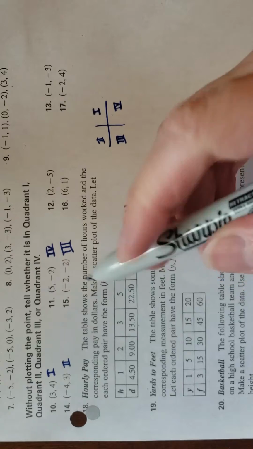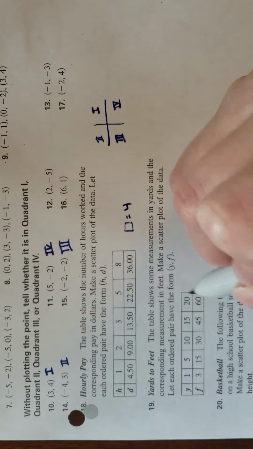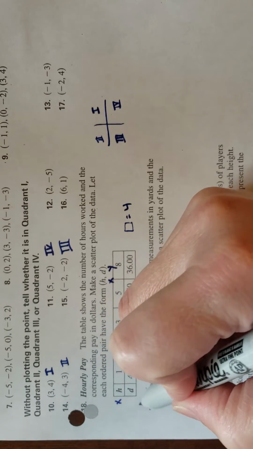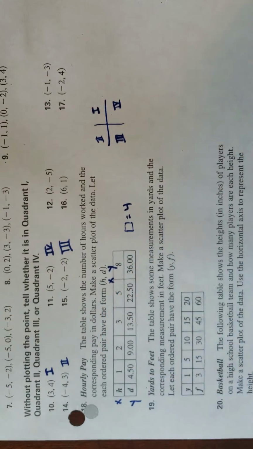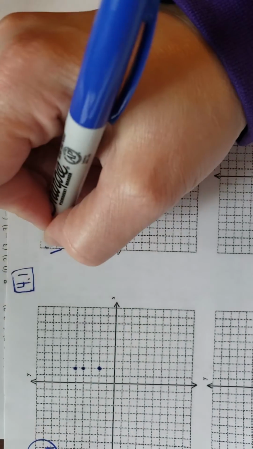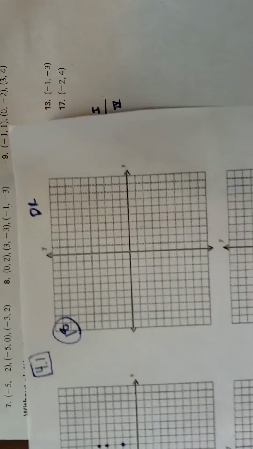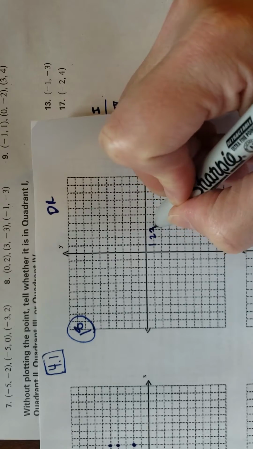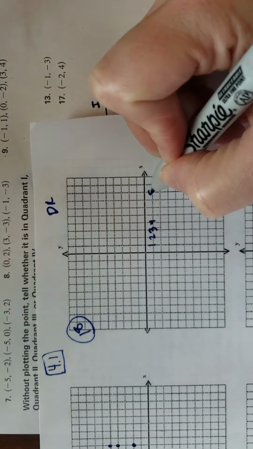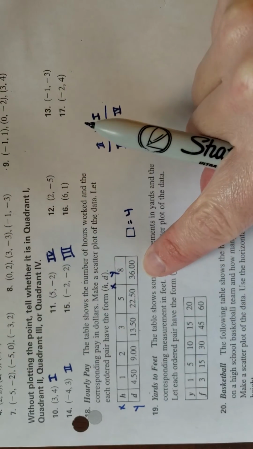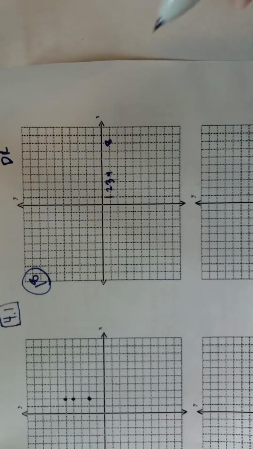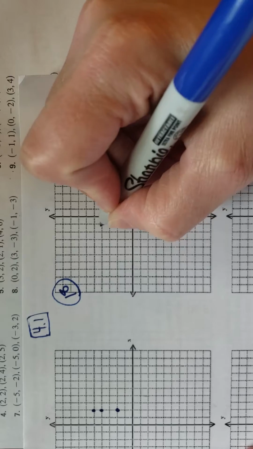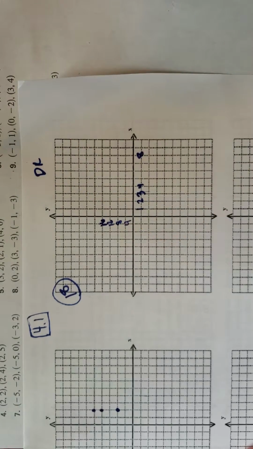Remember, a coordinate goes X and Y. So when you do your coordinate plane, the X will go 1, 2, 3, 4, all the way up to 8. And the Y is what we're numbering by 4 to get up to 36. So 4, 8, 12, 16, and so forth.